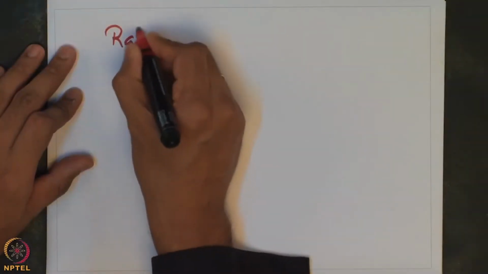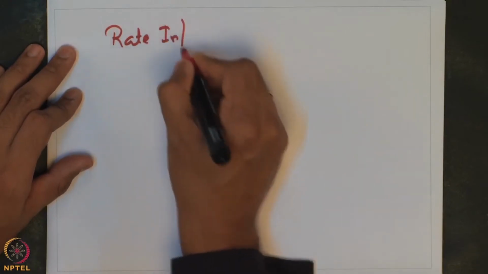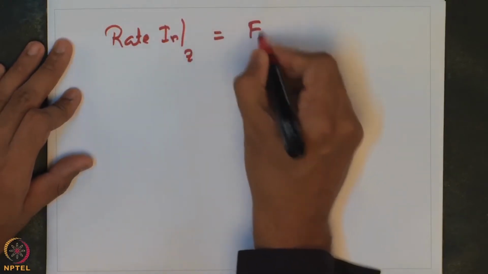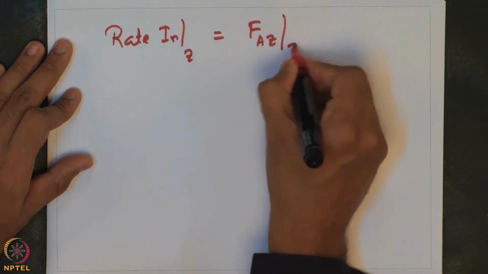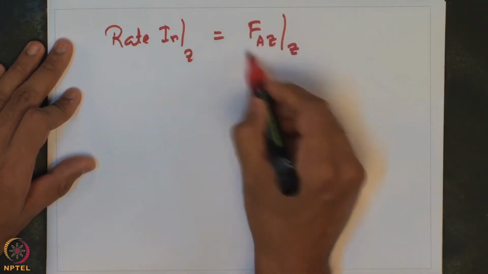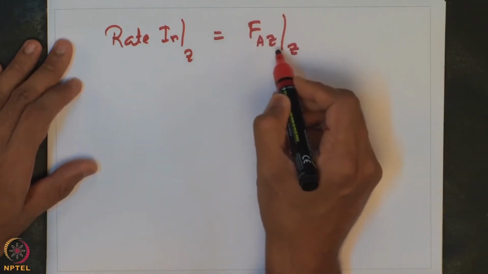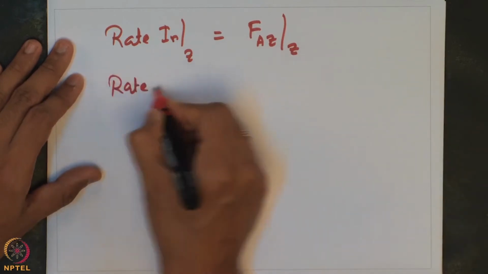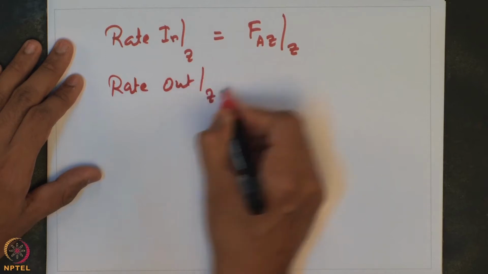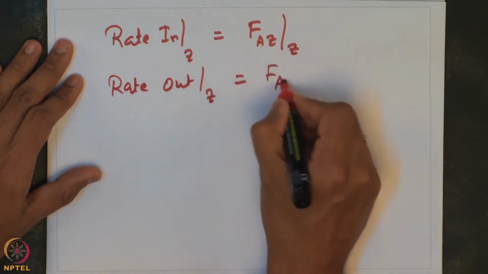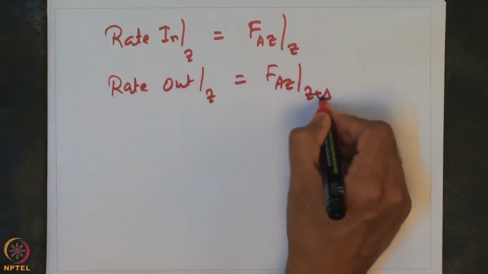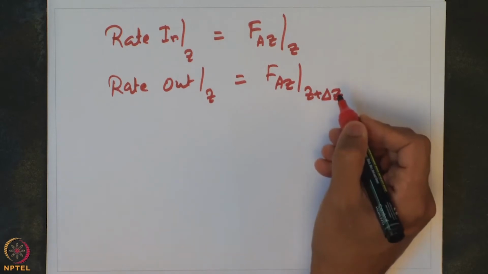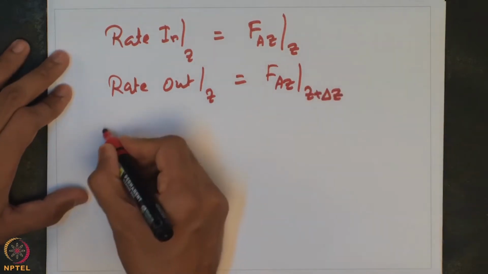So, the rate in at Z is equal to Fa at Z. Fa is the molar rate at which the species actually enters the element, and the rate out at Z is equal to Fa at Z plus delta Z. Now, what is the generation term?